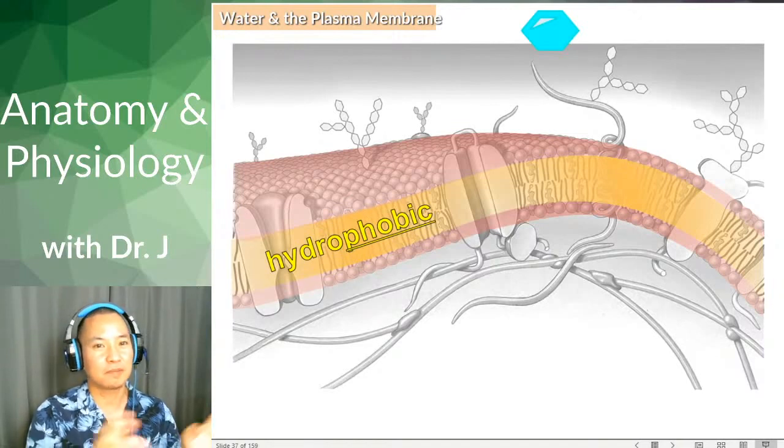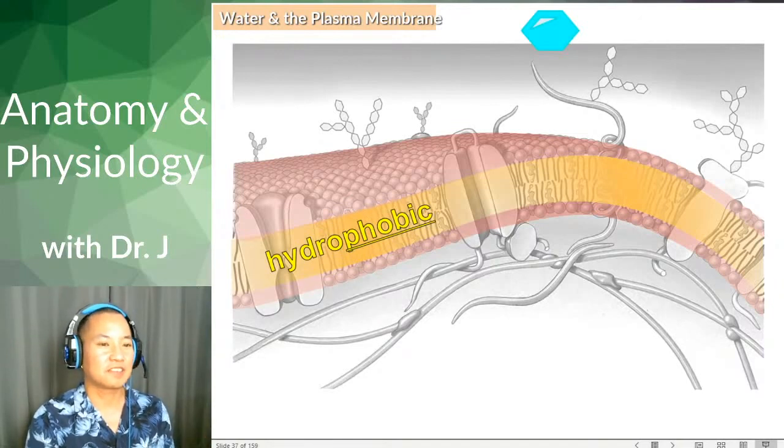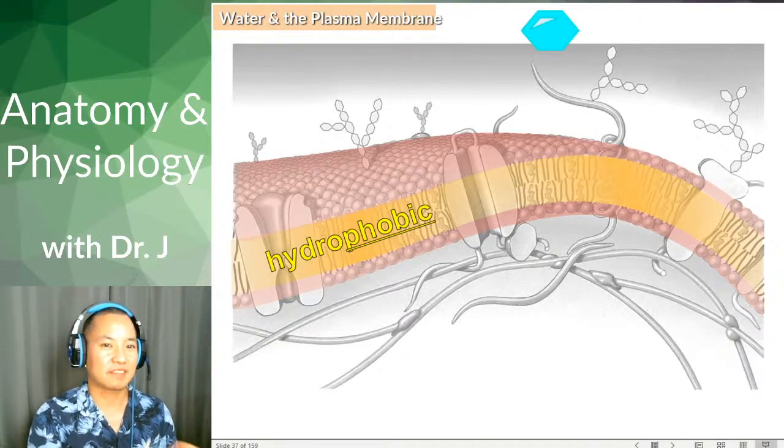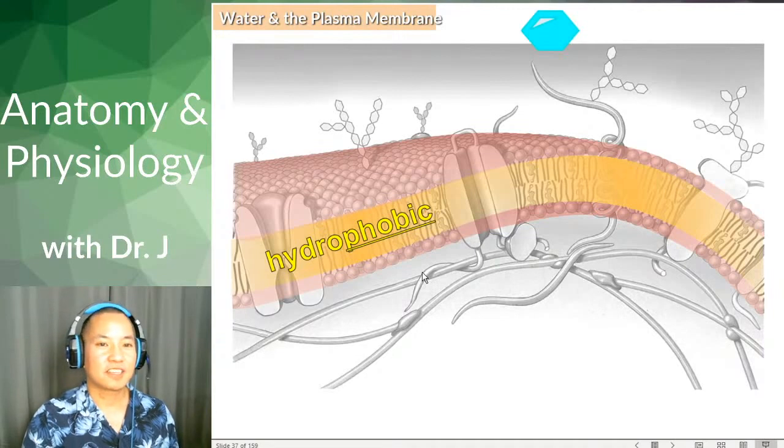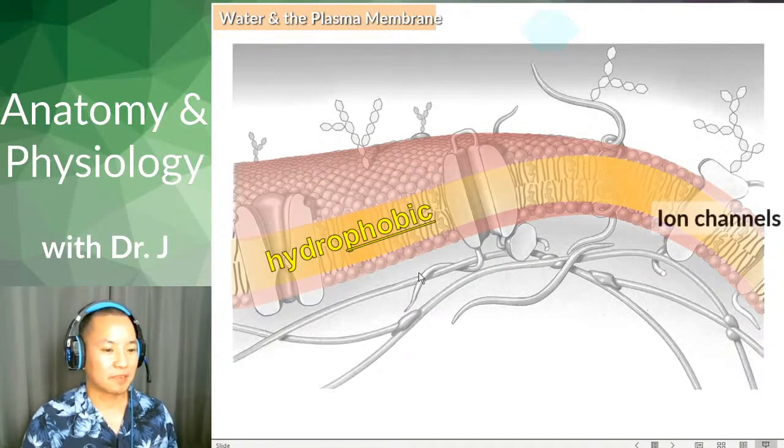Even though the overall molecule does not have an overall charge, there are pockets of it that have positive and negative charges. That makes it harder to pass through this kind of gauntlet of phospholipids and hydrophobic fatty acid tails. So glucose and large molecules have a hard time passing through the hydrophobic core of the plasma membrane. Without additional help, glucose cannot pass through the plasma membrane.